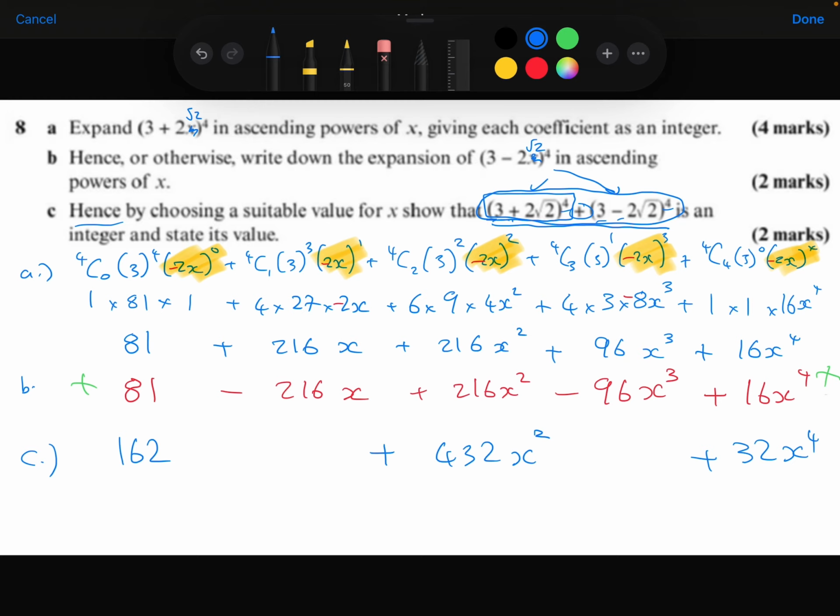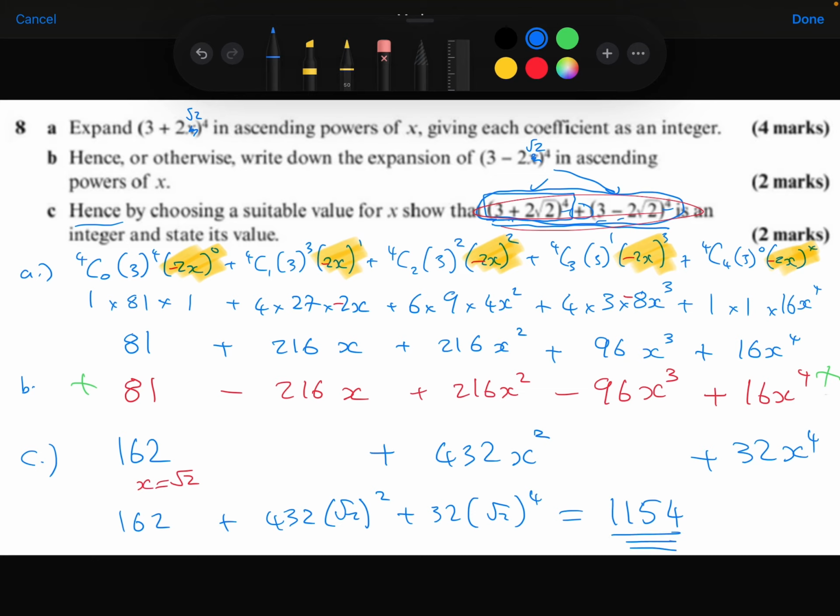So this is an expression for (3 + 2x)^4 + (3 - 2x)^4. If I now actually make x equal to root 2, so it matches up with what I needed to find, it'll be 162 plus 432 times root 2 squared plus 32 times root 2 to the power 4. And if I work that out, I'll get 1154.